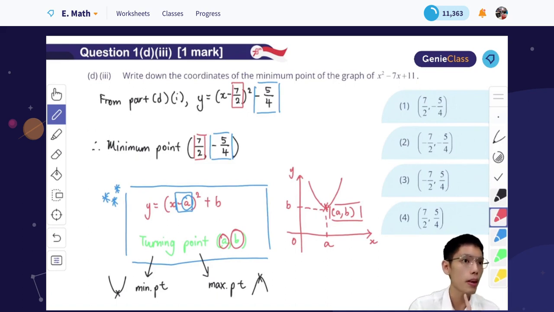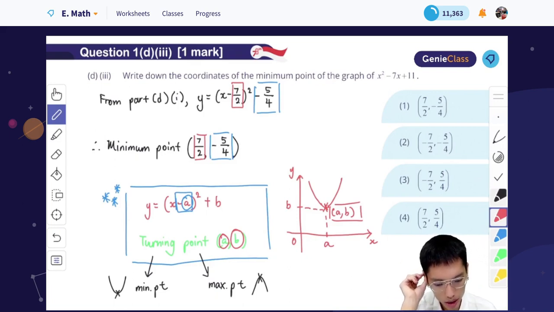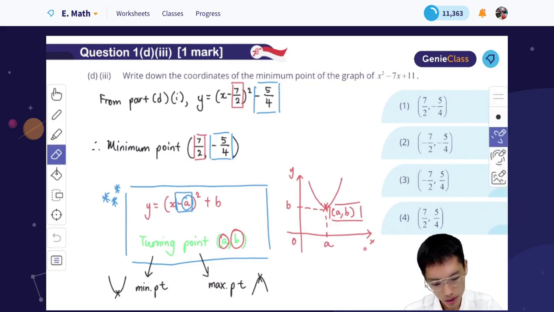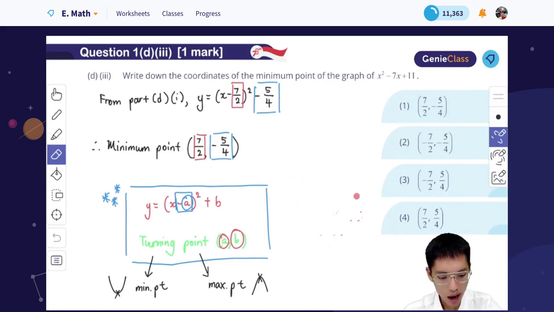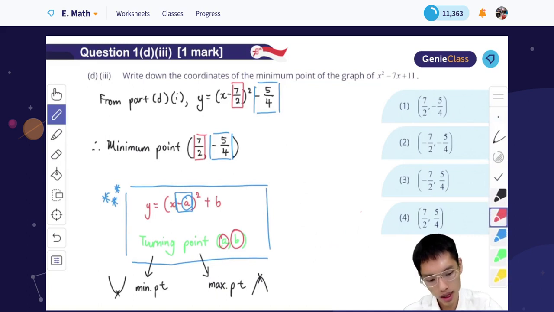Okay, now back to Chen Zheng's query. Apologies, I went a bit too far. Now, in this case, why is my minimum point negative? It's because, let me just erase this part. Suppose in this case, I have x plus, not x minus, in this case x plus.